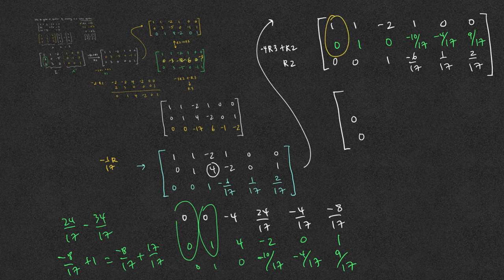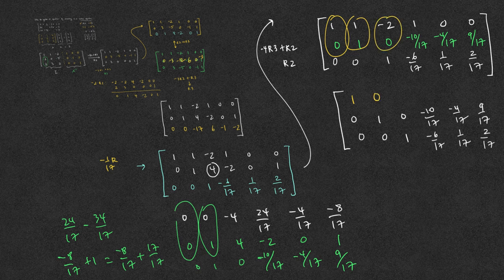Taking row 1 minus row 2, 1 minus 0 is 1, 1 minus 1 is 0, negative 2 minus 0 is negative 2, 1 minus negative 10 over 17 is 1 plus 10 over 17, but 1 is the same as 17 over 17, so this is 27 over 17. 0 minus negative 4 over 17 is positive 4 over 17. 0 minus 9 over 17 is negative 9 over 17. This is not quite the identity matrix on the left half.